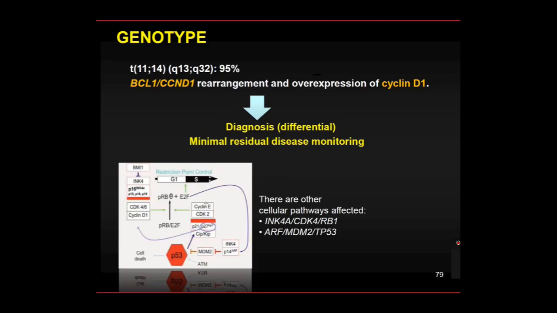So basically cells cannot stop growing, and interestingly, other checkpoints in the cell cycle can be affected by mutation in mantle cell lymphoma, like ARF, CDK4, RB1, and of course the ubiquitous, I would say, affected in human neoplasia, TP53.